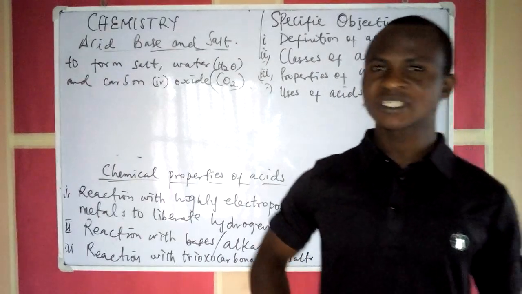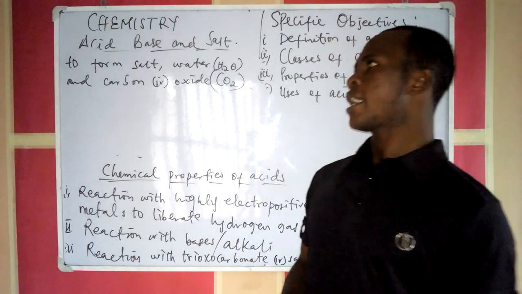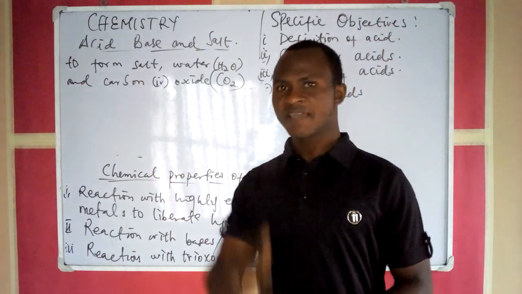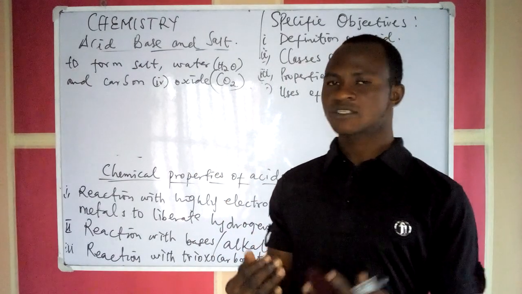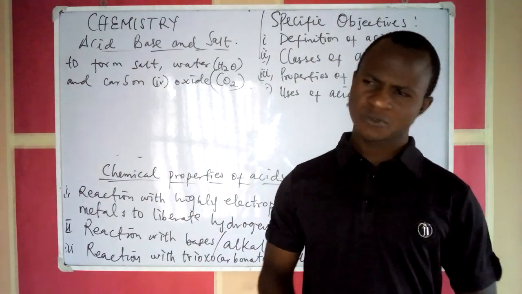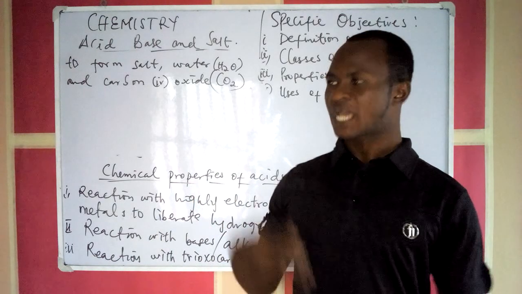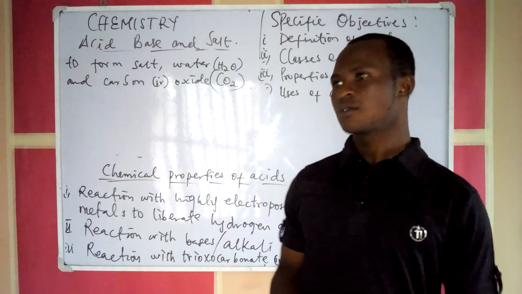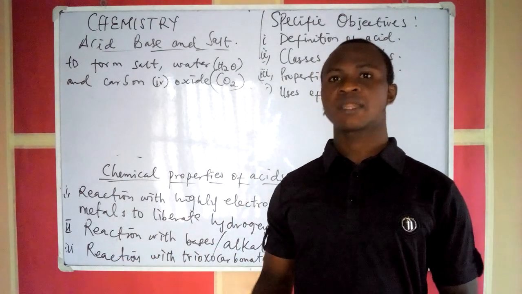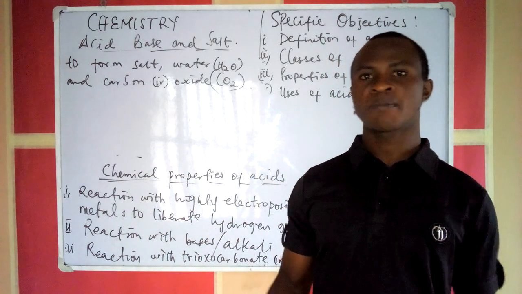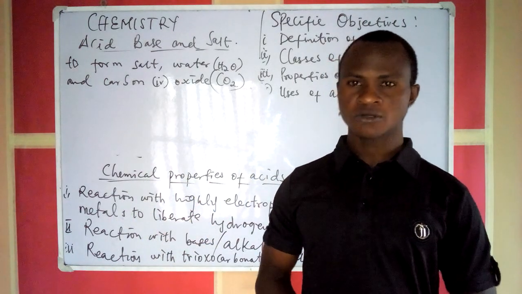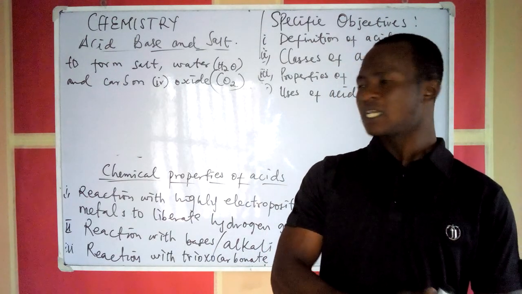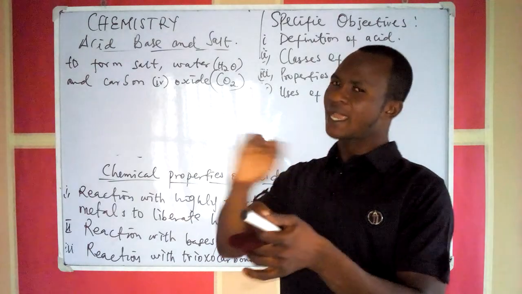When we discussed the elements, we gave you metals in the electropositivity series, which include potassium, calcium, sodium, magnesium, aluminum, zinc, iron, tin, lead, hydrogen, copper, mercury, silver, and gold. All these are the metals in the electropositivity series, but there are ones that are higher than hydrogen.